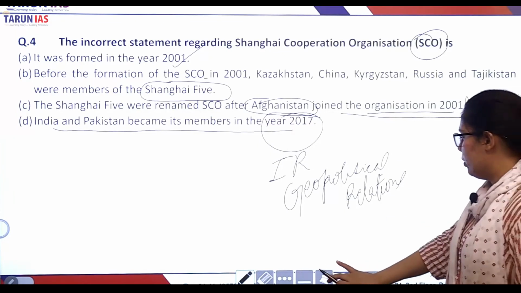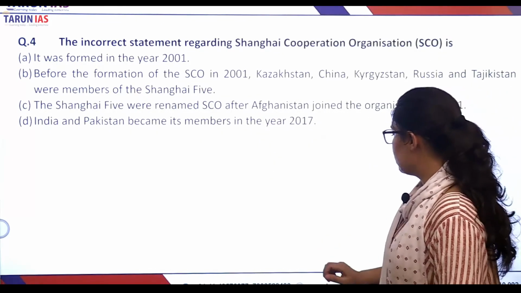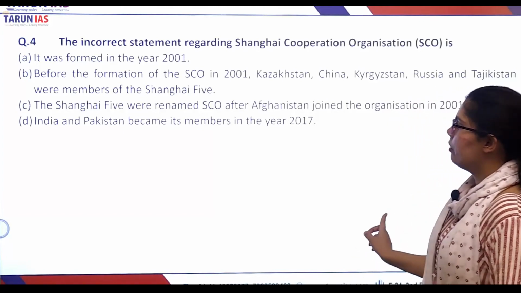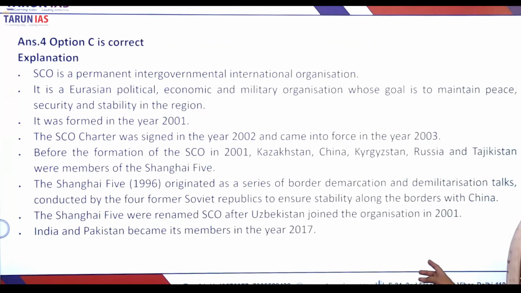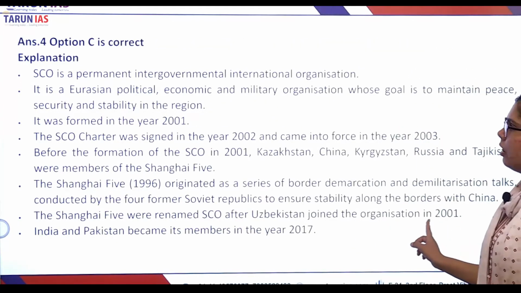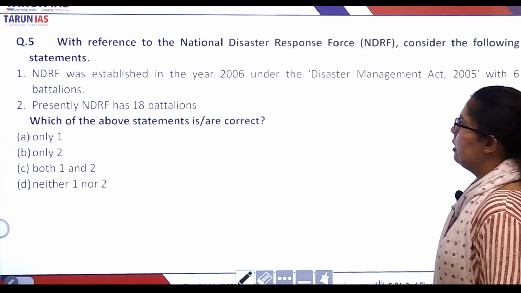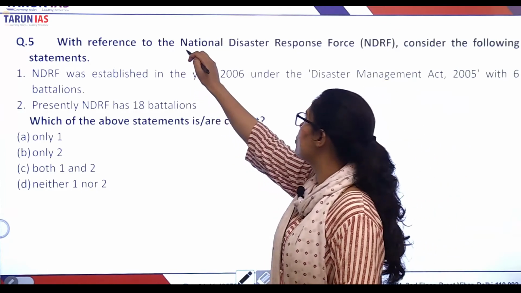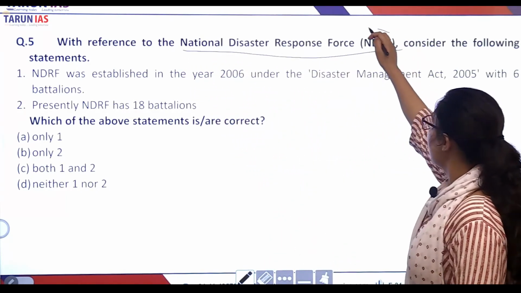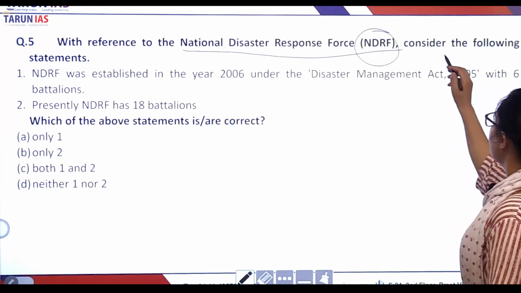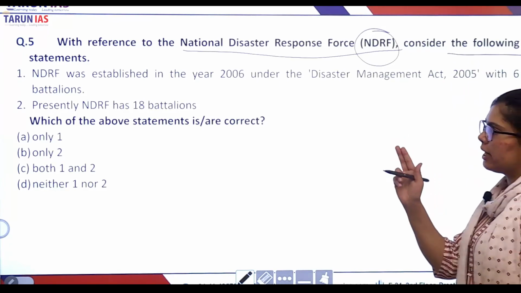Okay, we'll move on to the next MCQ and the last MCQ of the day. You can read the explanation from here. Pause the video, read the explanation. I will move on to the last MCQ. The last MCQ says, with reference to the National Disaster Response Force, NDRF, consider the following statements. Two statements are given here.